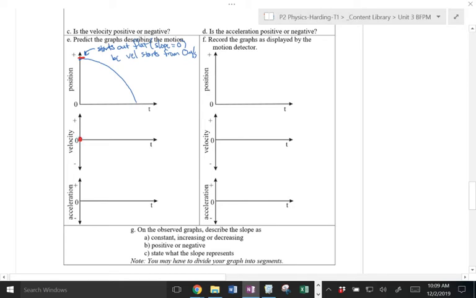And then have a conversation with your neighbors about what's going on here in terms of slope. See if you can think about what this velocity graph should look like. Starts with a velocity of 0.